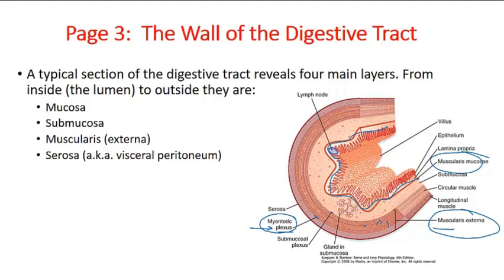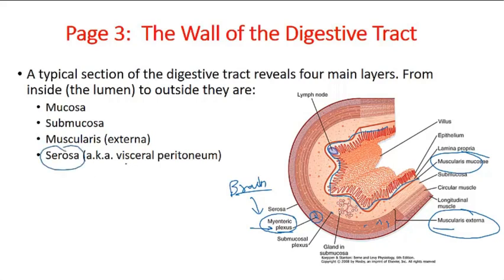And this enteric nervous system is very important because whenever the food is moving, our intestine should crosstalk with the brain, and this crosstalk is mediated with the help of this nervous system that is present in the mesenteric plexus. The outermost layer of the digestive tract is the serosa, as we talked about here.